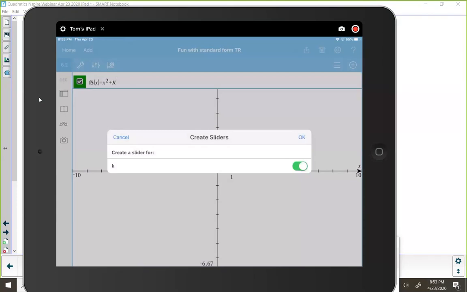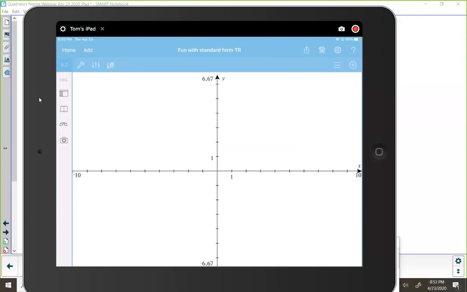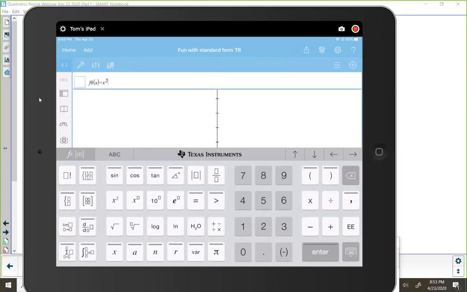You want a slider for that? Sure. And this is actually less about the slider than attributes of the graph. I didn't like that. You told it no. You do want a slider.